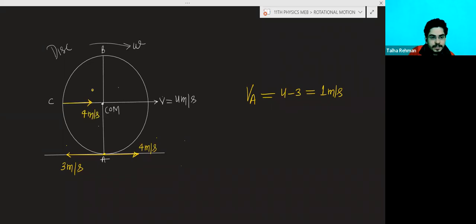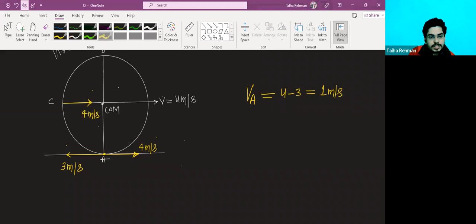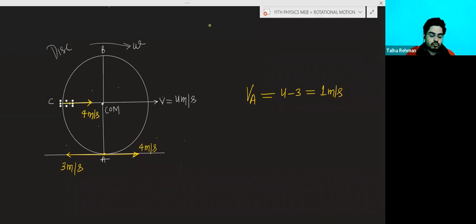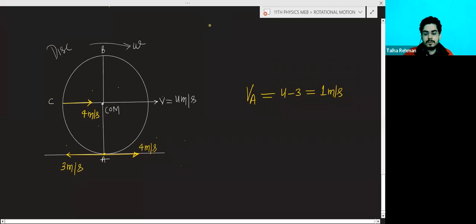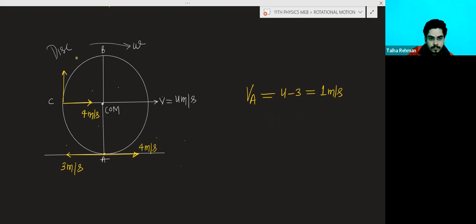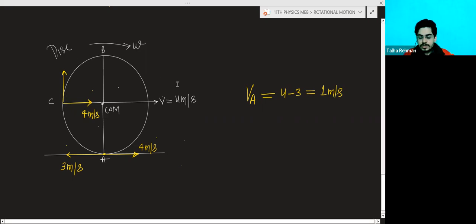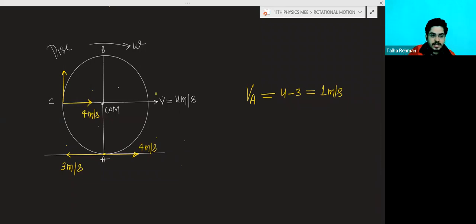Another velocity will be the tangential velocity due to the rotation, in this tangential direction, like this. And that will be r omega. V is equal to r omega, and that will be 3. So in this direction, a velocity of 3 meter per second will be there.